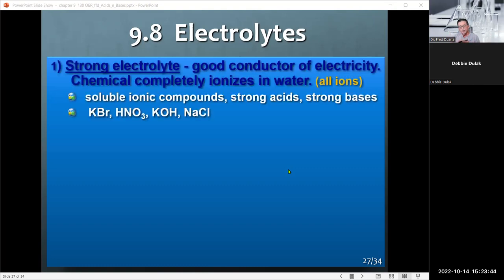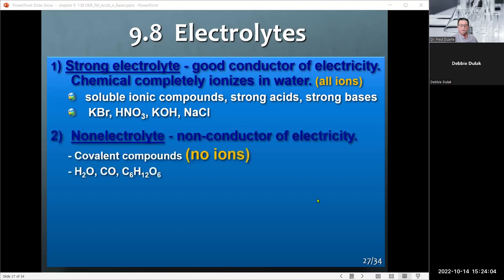Anything that is a strong electrolyte and a good conductor of electricity are those ionic compounds that are soluble, those strong acids, those strong bases, things like potassium bromide, nitric acid, potassium hydroxide, sodium chloride. The non-electrolytes are covalent compounds other than the acids, covalent compounds that don't dissociate in solution.